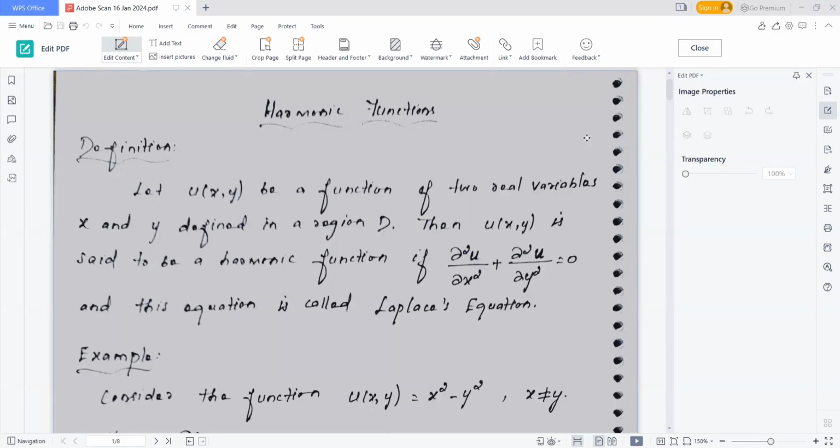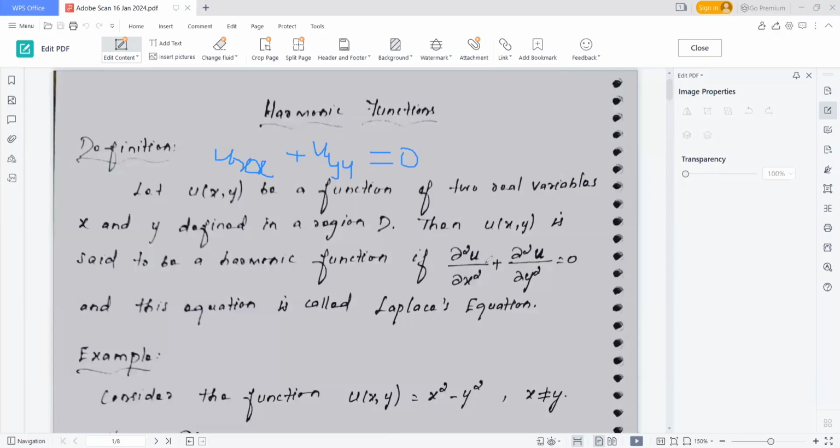So if ∂²u/∂x² plus ∂²u/∂y² is equal to 0, or we can say this as u_xx plus u_yy equal to 0.